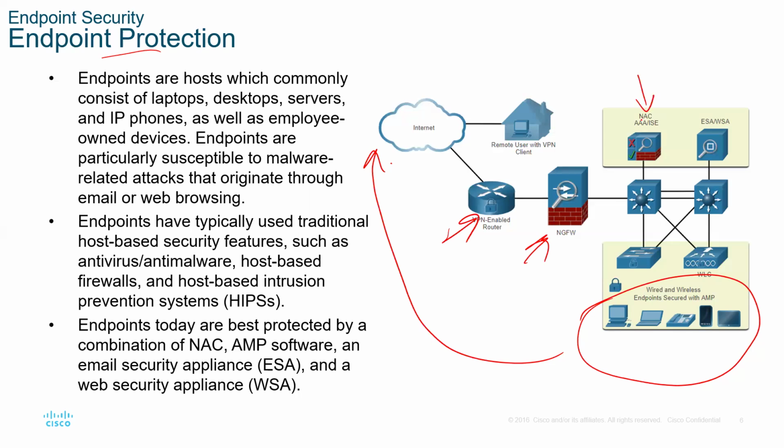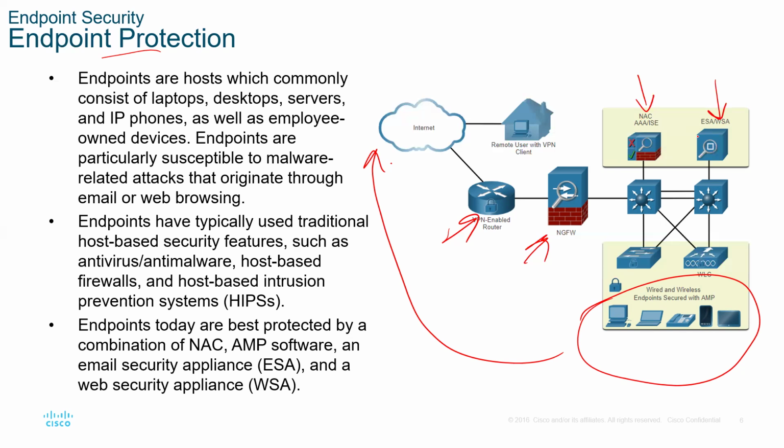Then within the network now, you can see a NAC where we have AAA being performed, authentication. That's another form of security that we have as well. Then we have email security appliance, web security appliance. If you are trying to connect to the web or you're connecting to the email servers, then there is security in that respect as well.